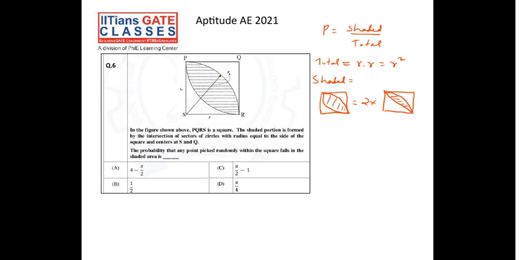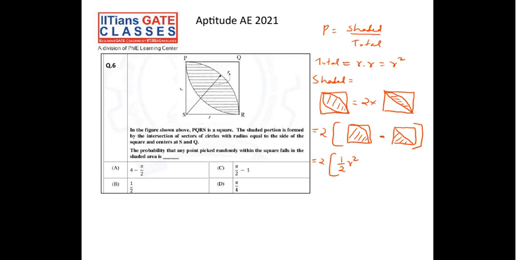Since I'm multiplying by 2, the bottom part will also be accounted for. I'll simplify this a little further. So first I'll get the entire sector, this, minus this triangle. When I subtract these two areas, this sector and this triangle, I'm going to get this shaded area.